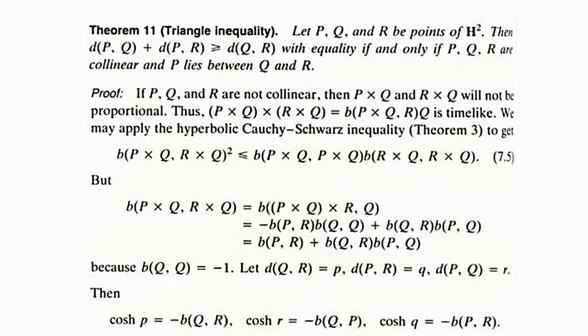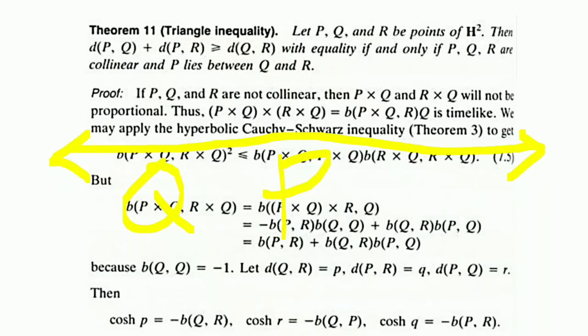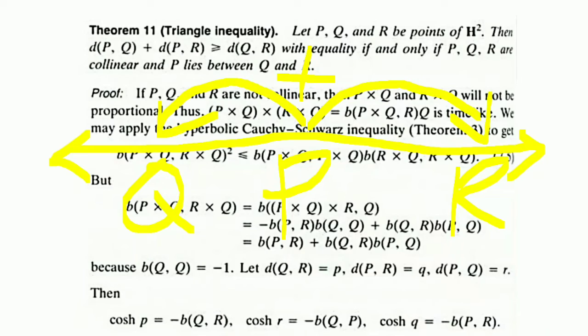We have three points that lie on the same line, so they are collinear, and P lies between Q and R. Then the theorem states that PQ plus PR is greater than or equal to the distance of QR.